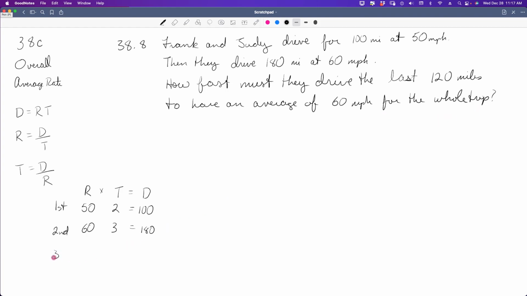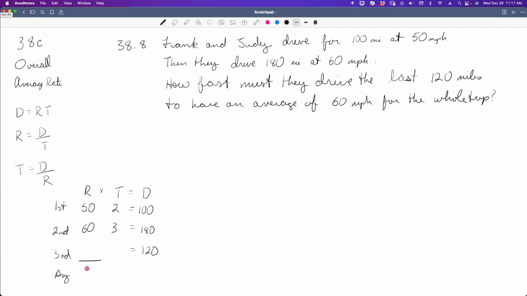So there's that third leg, and we know that that third leg is 120 miles. We don't know the rate, and we don't know the time. All we know is that we want this average down here at the bottom to be 60 for all of these.